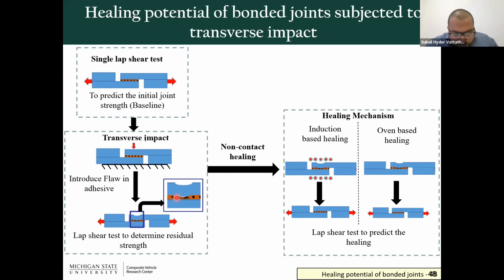Now, can we repair this adhesive defect by exposing it to different heating techniques? We have found that once you have this kind of defect, you can expose it to EM heating, and the polymer gets reheated and fills the gap again. So you can heal this defect, and you can regain the strength to some extent. I'm not saying you can regain 100%, but a significant strength could be regained.